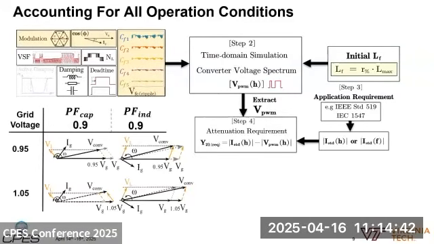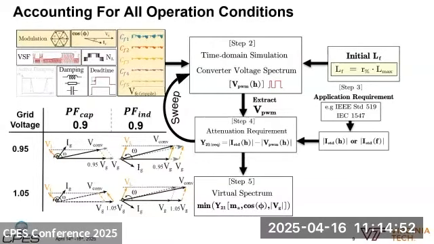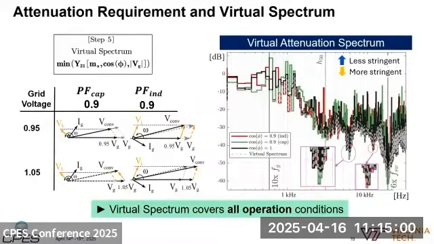But once you change the operation condition, for example, the power factor or the grid voltage, and you change the modulation, you're going to have different voltage waveforms. So it's necessary to sweep throughout all the operation conditions and obtain what is called a virtual spectrum, which is pretty much the worst case scenario at each frequency bin of your attenuation requirement.